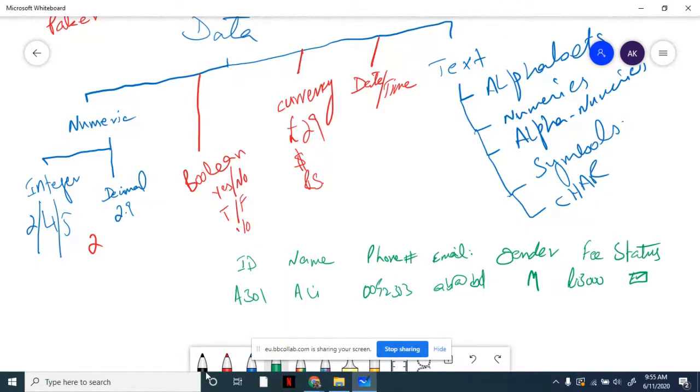Rami, ID, what do you suggest? What data type? Sir, it's alphanumeric. It's alphanumeric. So we can write text, right? Okay.